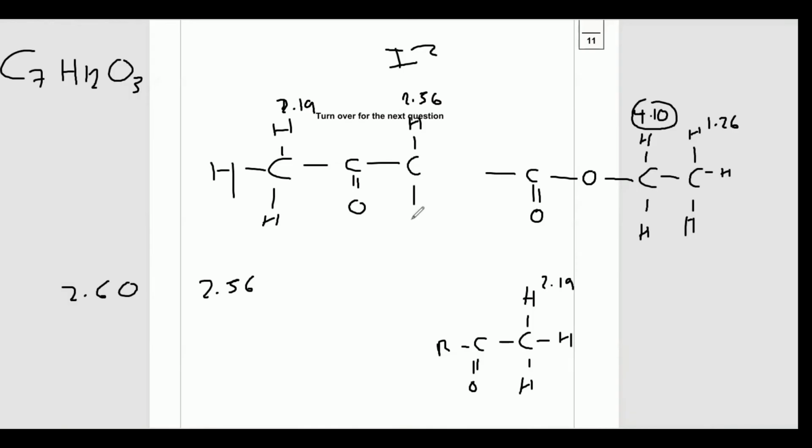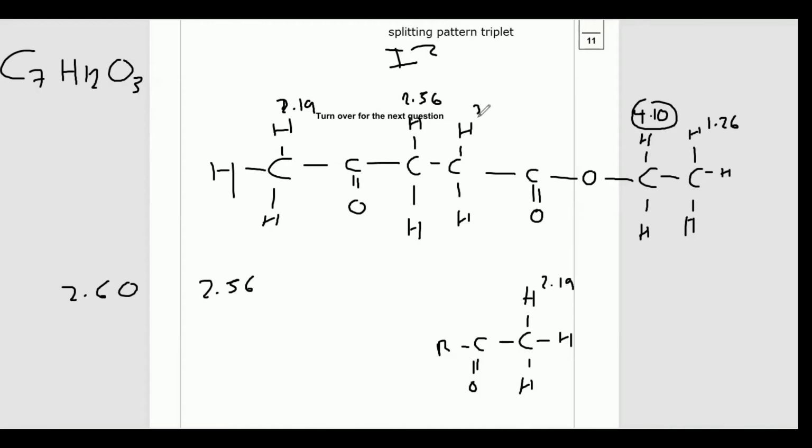So that tells me there are 2 hydrogens attached. And the 2.56 had a splitting pattern that was a triplet. What does a triplet tell you? Remember the n+1 rule? Tells me that it's next door to a carbon that also has 2 hydrogens attached. Right? So that splitting pattern tells us about this neighboring carbon.